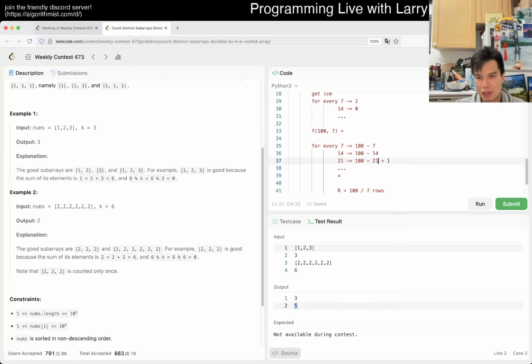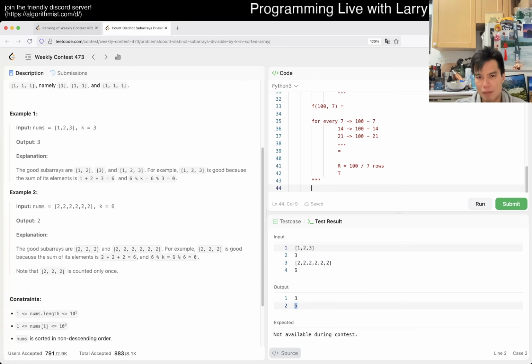So it's this sequence, and then it's just the summation of 100 times R minus 7 times (1 plus 2 plus 3 plus ... all the way to R), minus 7 times something like this.